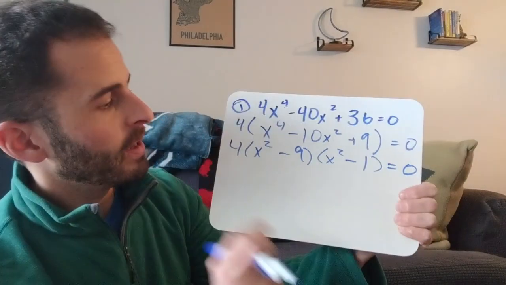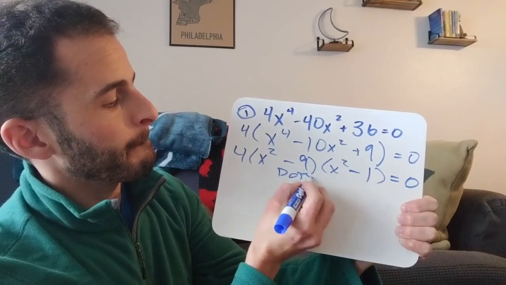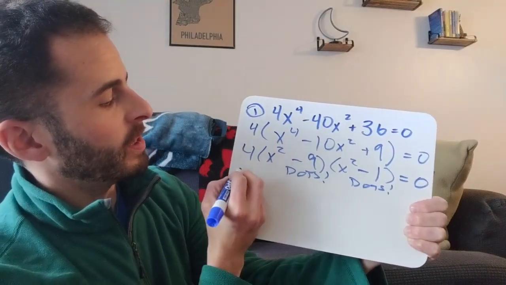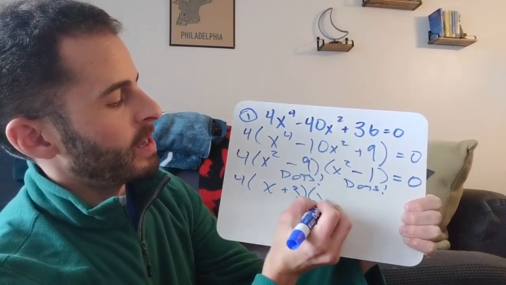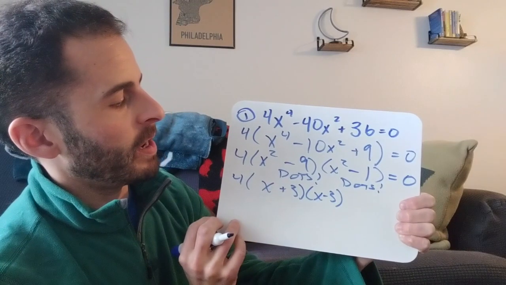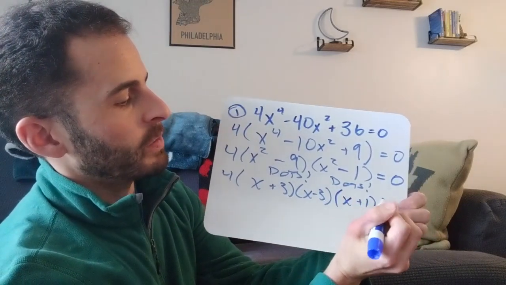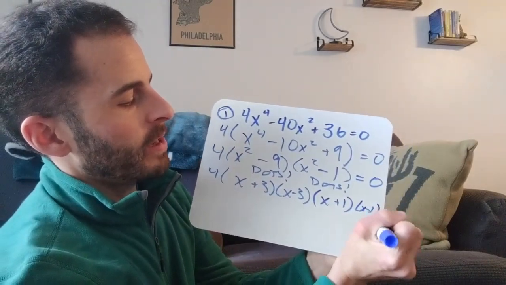Of course, it's going to be a trick question. This is a difference of squares problem, and this is a difference of squares problem. So let's keep factoring. x squared minus 9 is x plus 3, x minus 3. x squared minus 1 is x plus 1, x minus 1, and I still have an equals 0.